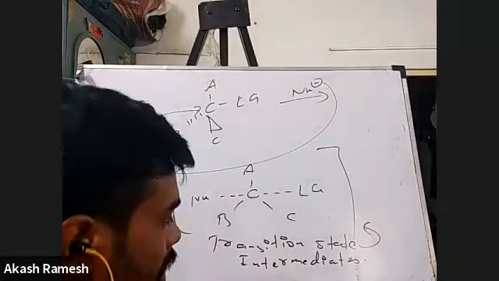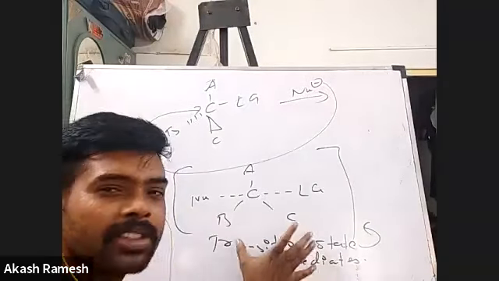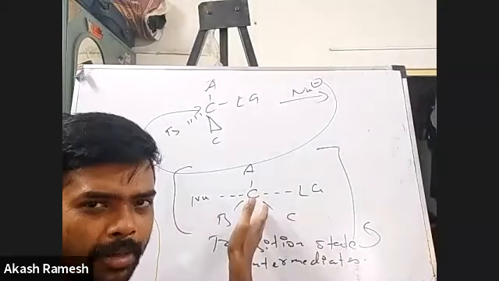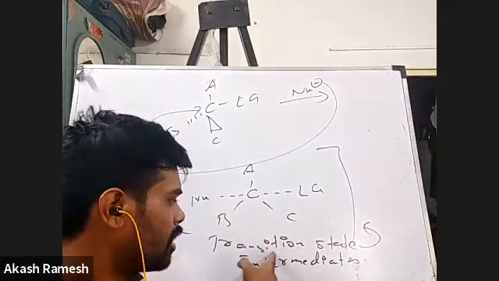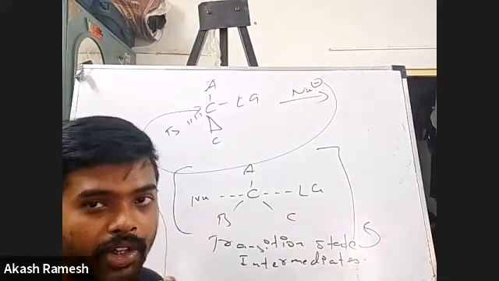Anyway, intermediates and transition state: the only difference is the transition state is highly unstable. You can see that this is highly unstable, isn't it? But intermediates are a little more stable than transition states, though intermediates are less stable than products. That is for sure.